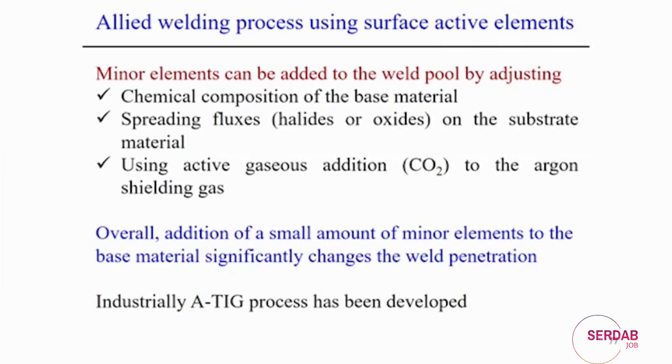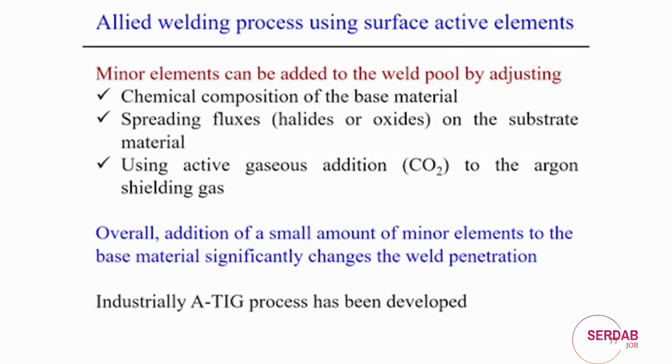But overall, the addition of a small amount of minor elements to the base material significantly changes the weld penetration. So, based on these three different ways we can add the surface active elements.